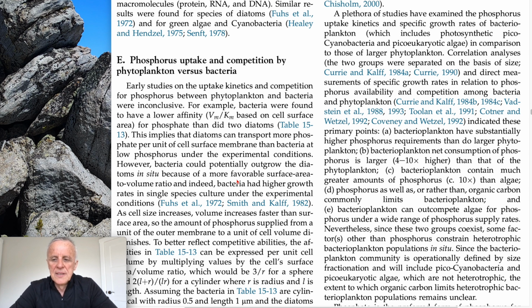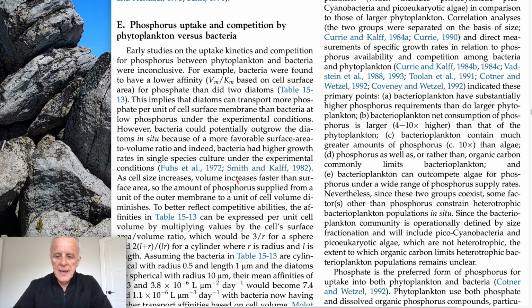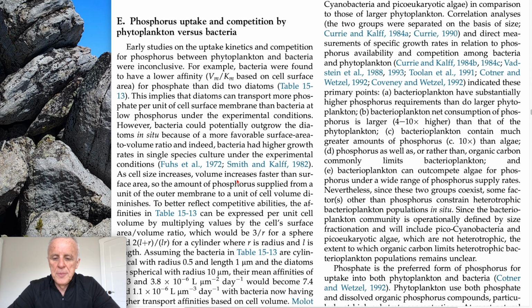Correlation analysis and direct measurements of specific growth rates in relation to phosphorus availability and competition among bacteria and phytoplankton indicated these primary points. A. Bacterioplankton have substantially higher phosphorus requirements than do larger phytoplankton.